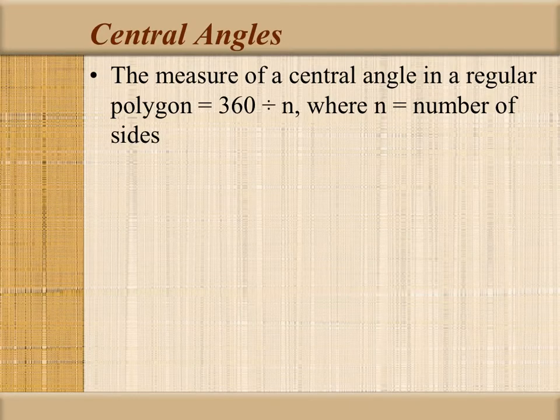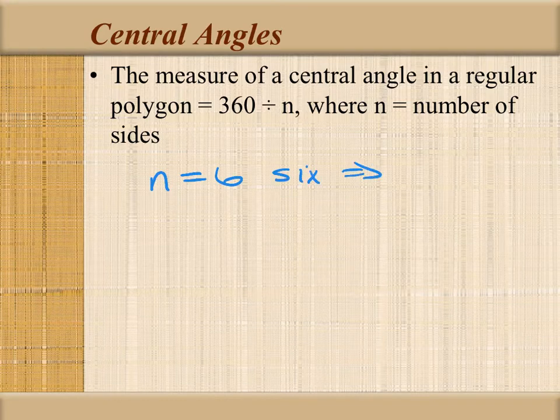How to calculate the measure of a central angle. The measure of the central angle can be found by taking 360 and dividing it by the number of sides. So in the case of my hexagon in the previous slide, you need to know that a hexagon has 6 sides.